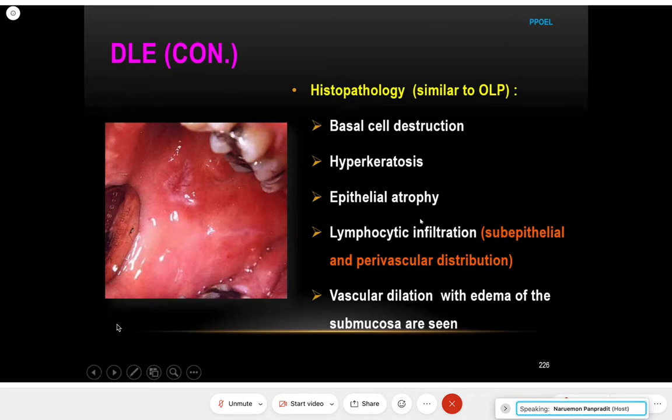Histopathology can also distinguish between lichen and lupus. Most histology shows lymphocytic infiltration, but the difference is that lupus shows subepithelial and perivascular distribution.